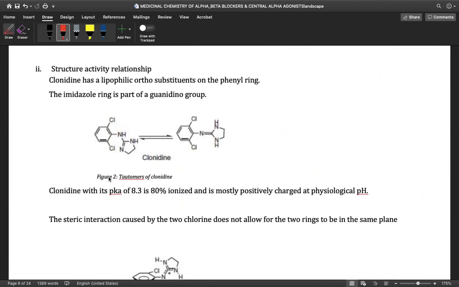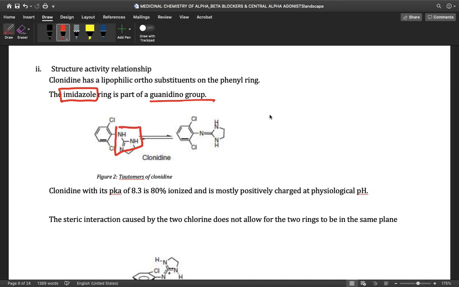Now, when you look at the structure of clonidine, clonidine actually exists in equilibrium as a tautomer. Okay, and the imidazole ring is actually part of a guanidino group. And I want you guys to remember this. This is what we call a guanidino group here.